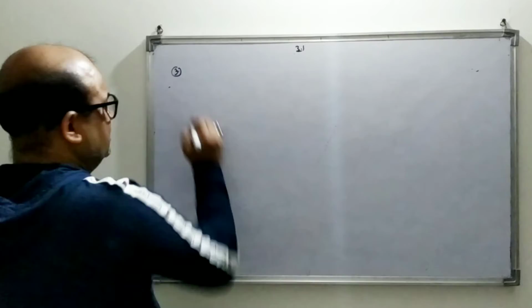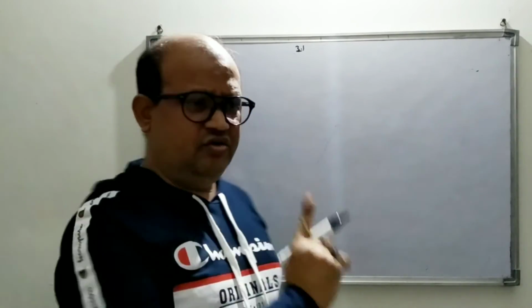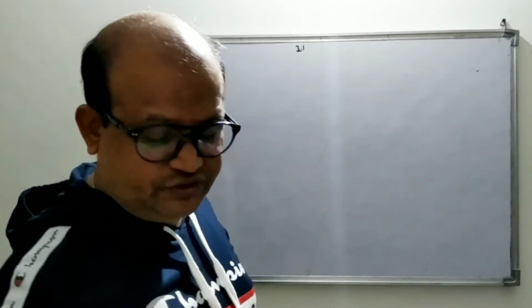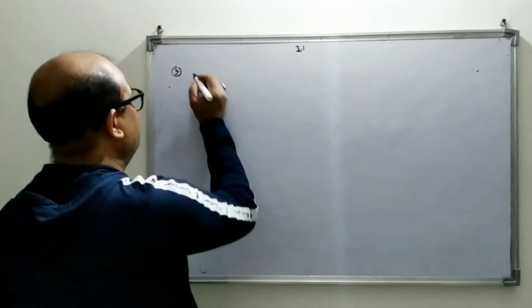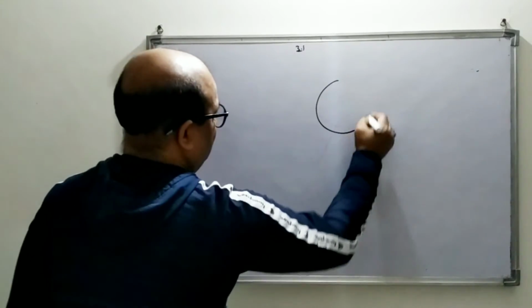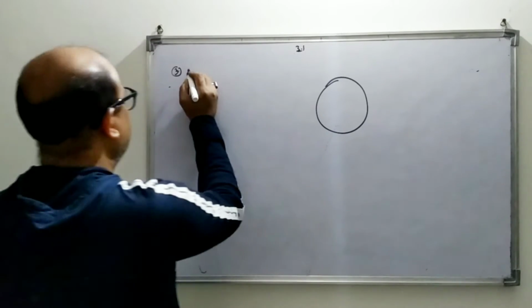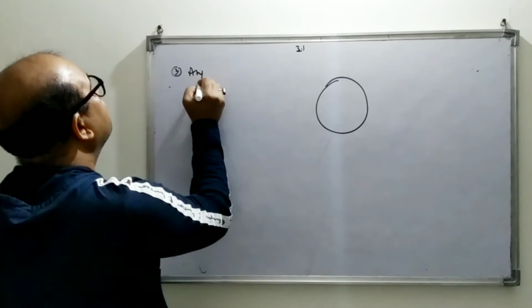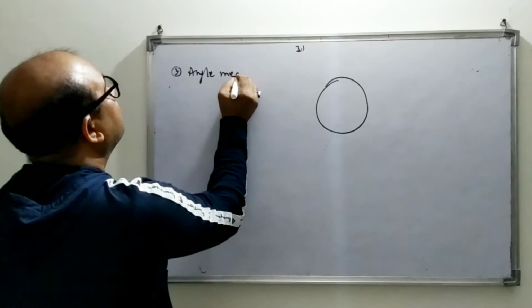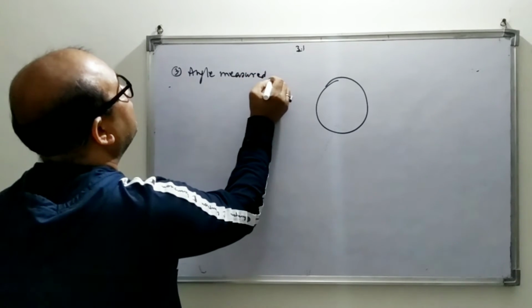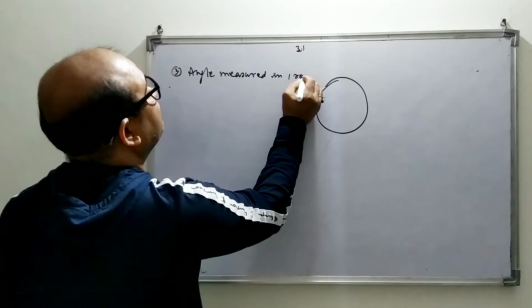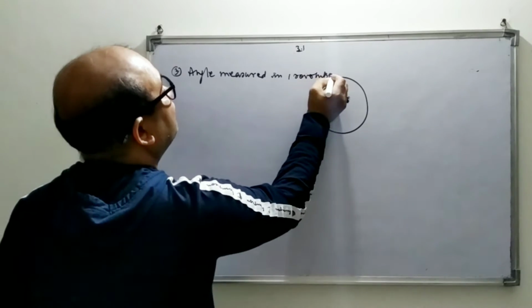Question number 3. It gives 360 revolutions in 1 minute. Now, angle measured in 1 revolution equal to how much angle?